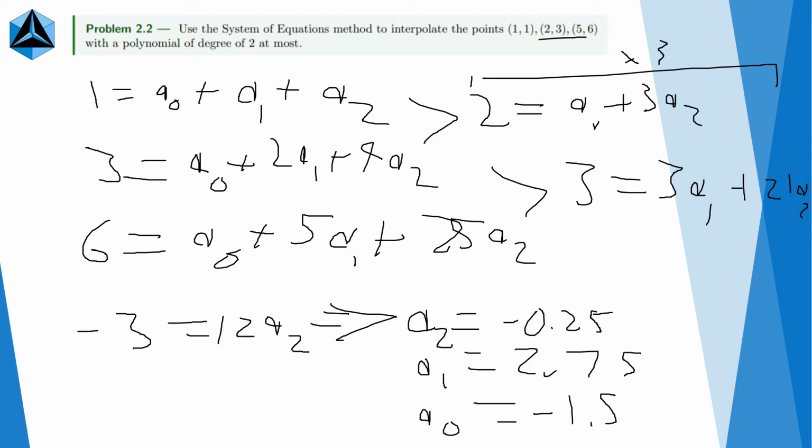And so in all, since we have all three unknowns solved for, we just get that the polynomial is minus 0.25 x squared plus 2.75 x minus 1.5. This is just the same result that I gave you last time, which is good. That should be what we expect. So this method works.